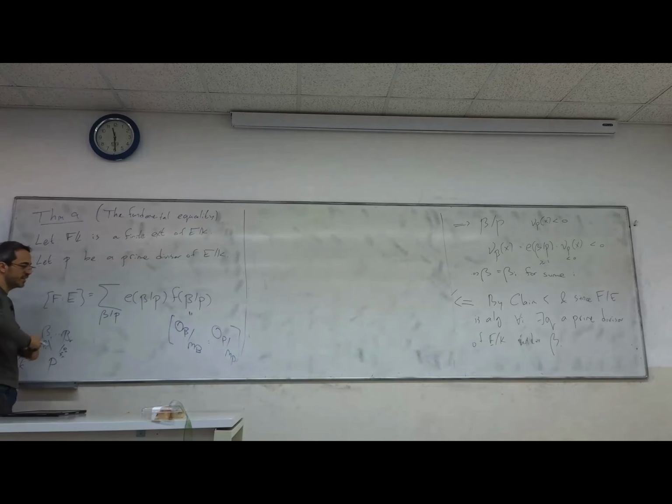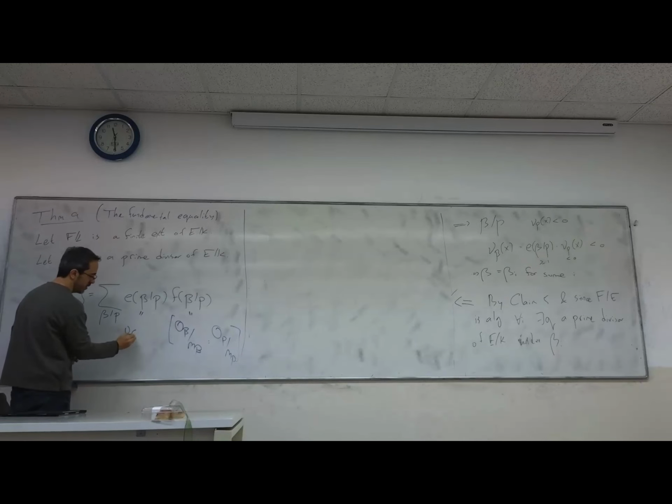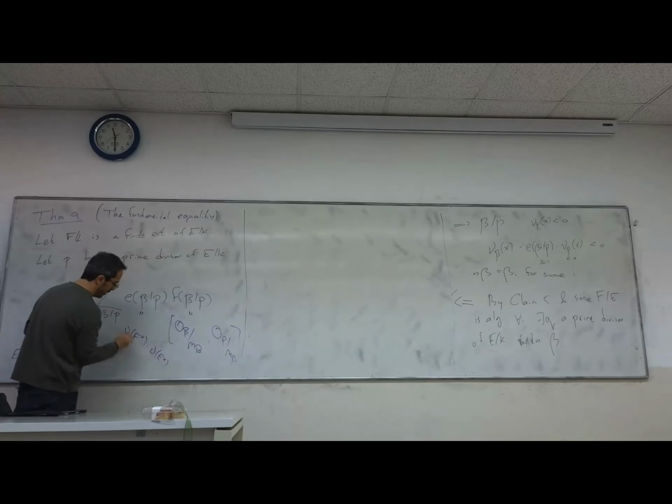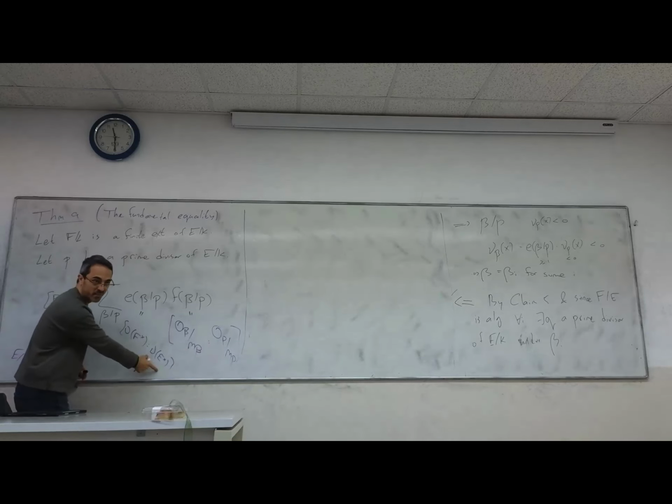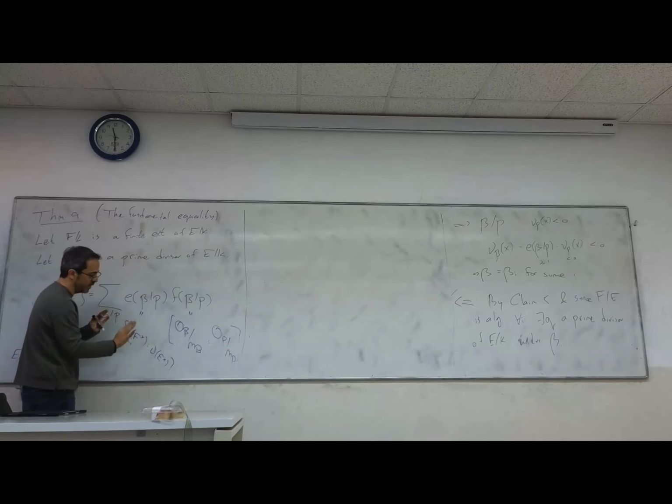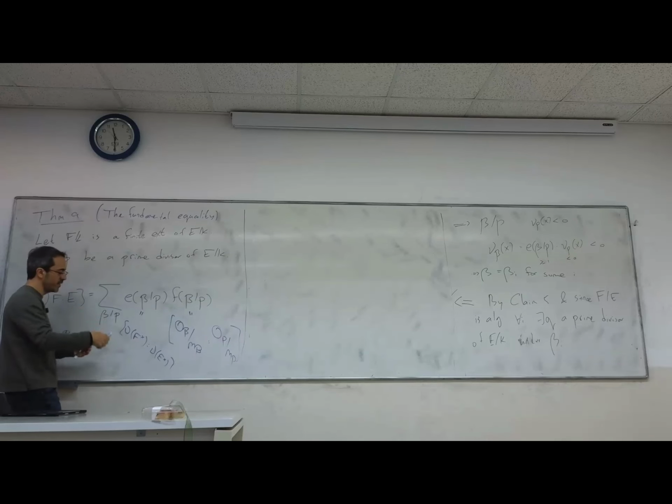Right, the residue field, how did it increase, to what extent? And this was like the valuation. You look at the index of the valuation, the image of the valuation, how bigger is this subgroup compared to that? And we'll talk about exactly what it means, you'll see in examples, and then we'll talk about it more. And we'll see the examples today.